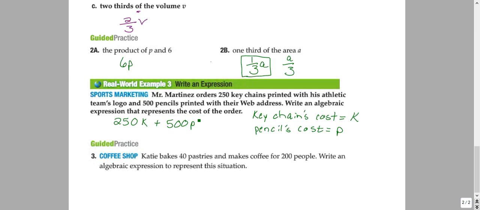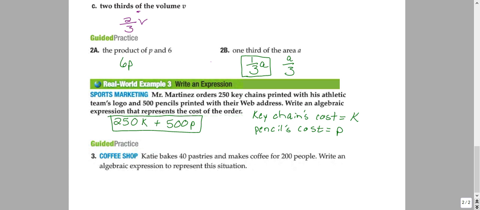Again, we don't know, so we're going to put a P in there. Notice how we have two different variables here. Notice another thing, that the very first thing that I did was represent what each one of those meant. I can't just put 250K plus 500P, because I'm going to have people say 250 kangaroos and 500 pandas. I'm not sure what you mean. So here's our expression that represents the cost of the total order.